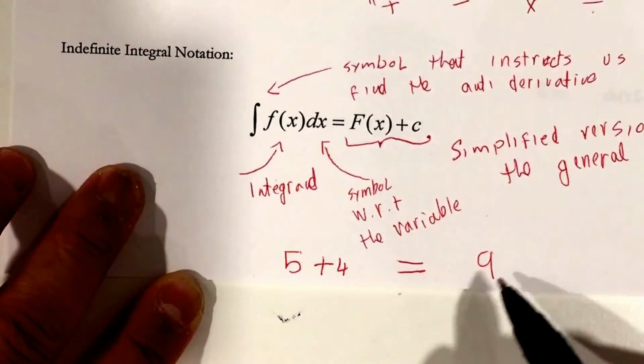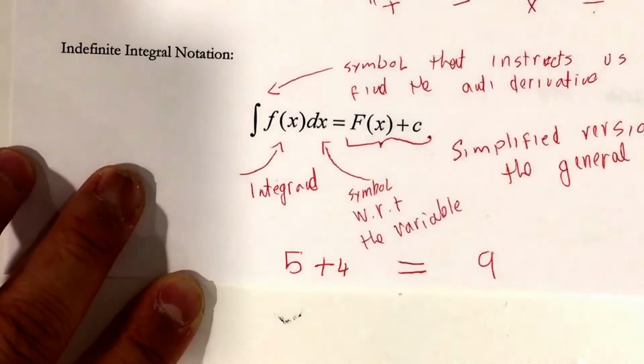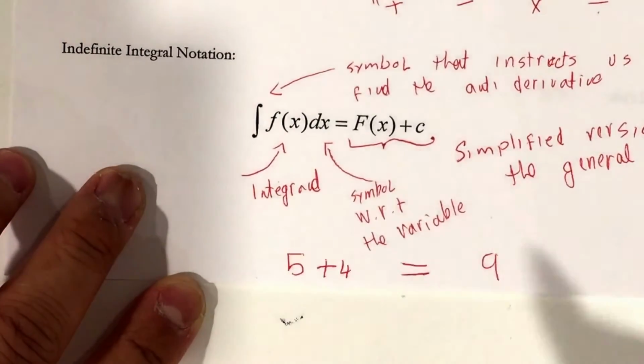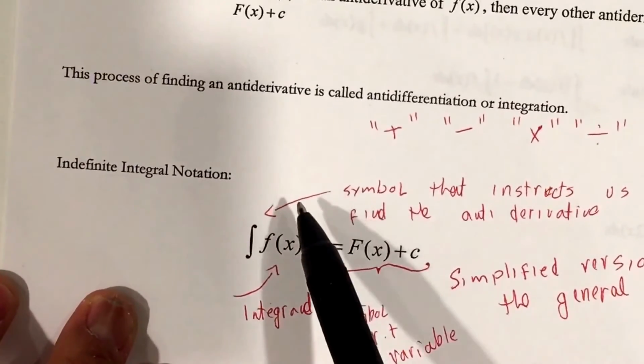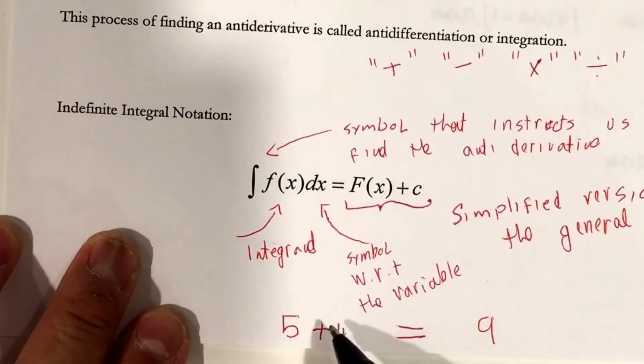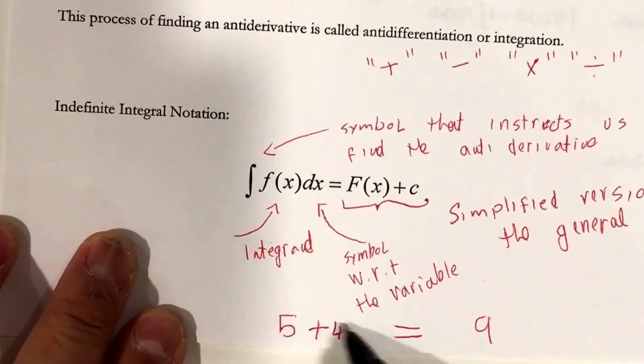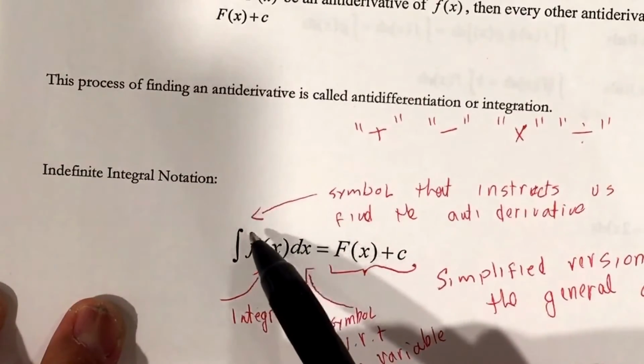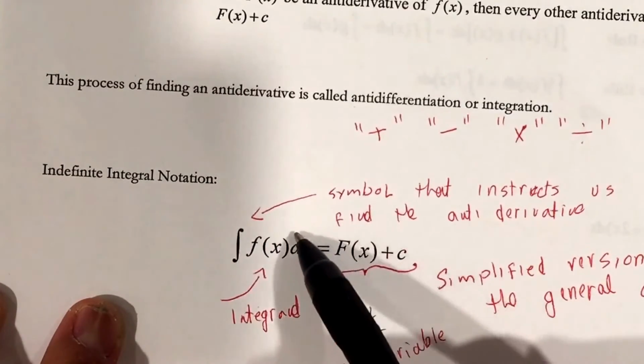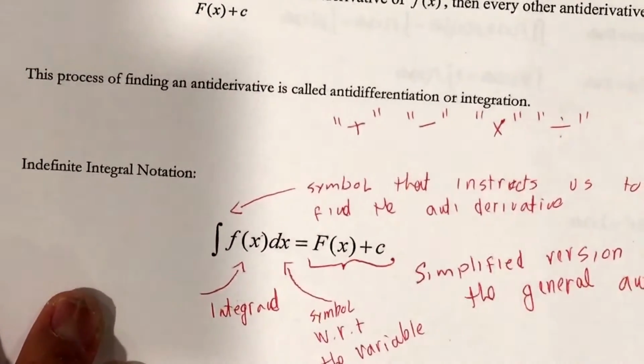So 9 is like the simplified version of 5 plus 4. Just like how this symbol tells you to sum the two numbers, this symbol tells you to find the antiderivative of that function. All right, so that's it.